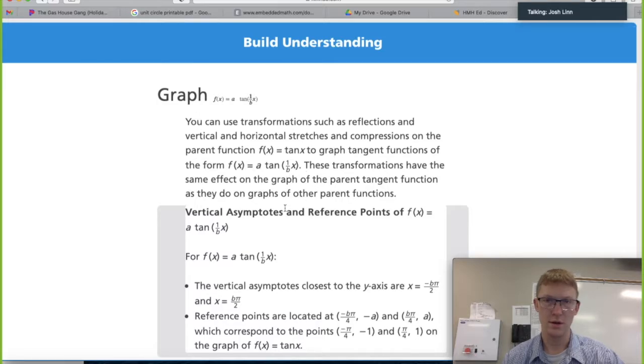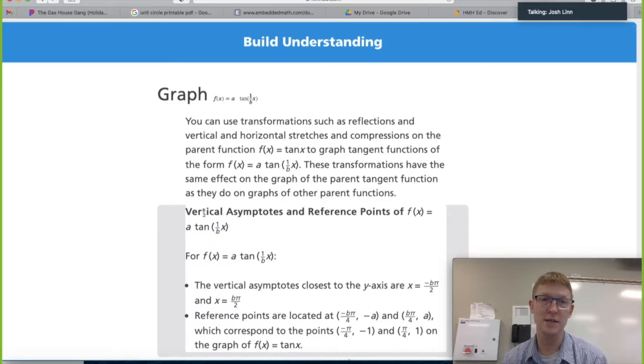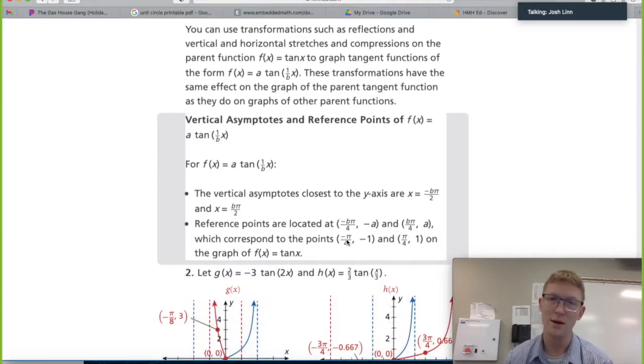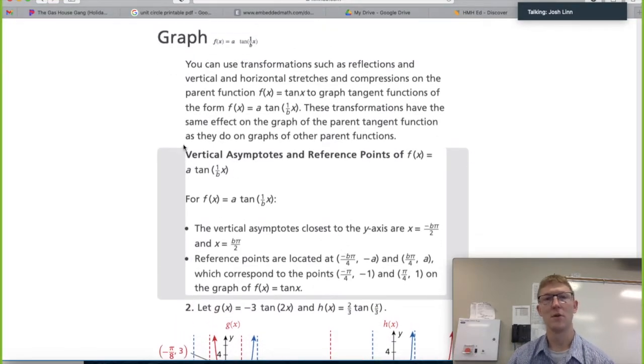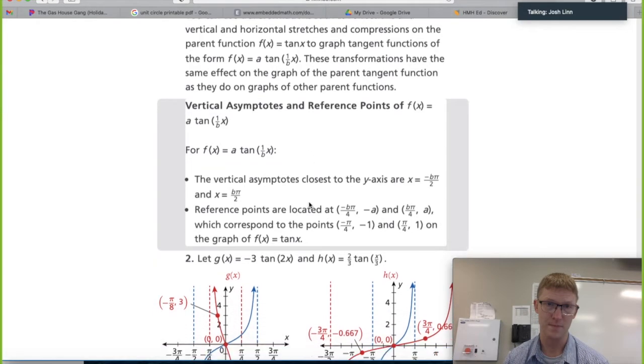What's going to get interesting is that as you stretch it, you're going to have to use reference points. So vertical asymptotes and reference points are the big things we're going to be working with. Our generic function is tangent of 1 over b times x.